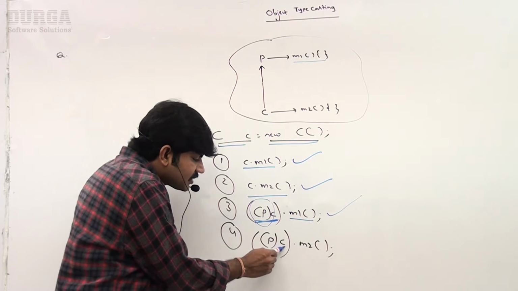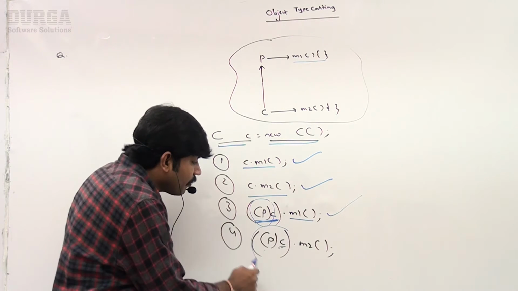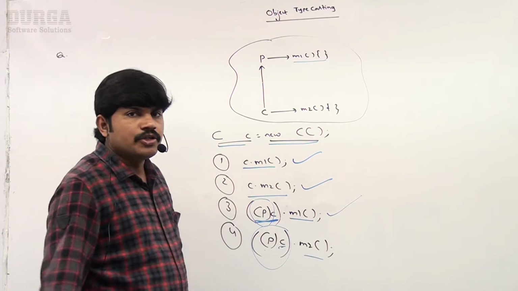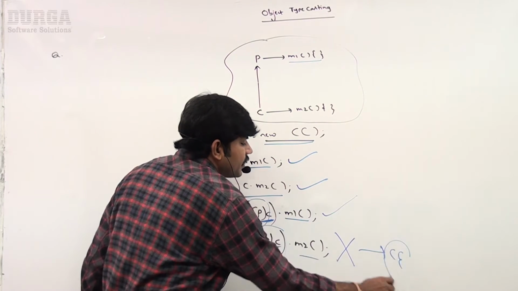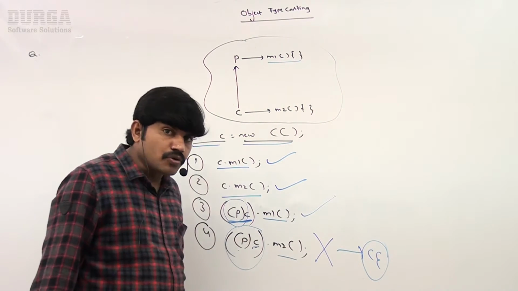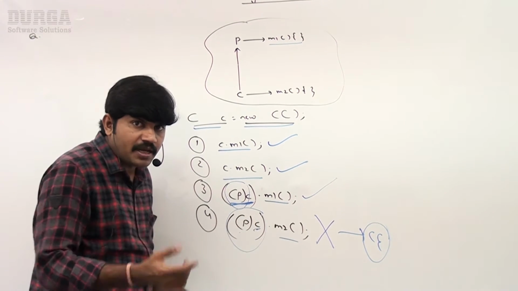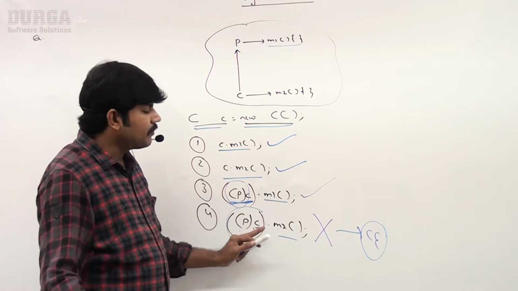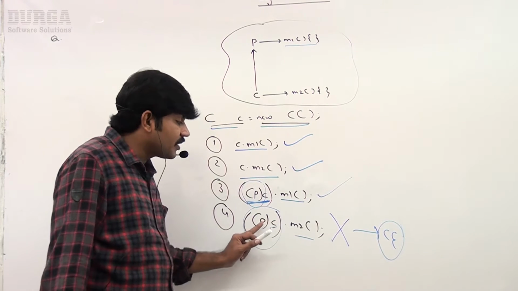Next, this c is what type? Of course, c typecast to P. Now it is the parent type. On the parent type, a child specific method you can't call; immediately we are going to get a compile-time error. Have you remembered in inheritance somewhere I covered: a parent reference can be used to hold a child class object. Whenever you typecast to the P type, the type of reference will become parent type. Sir, on the parent type, how can you call a child specific method, even though the internal object is the child type?